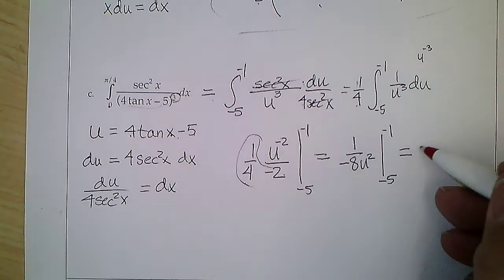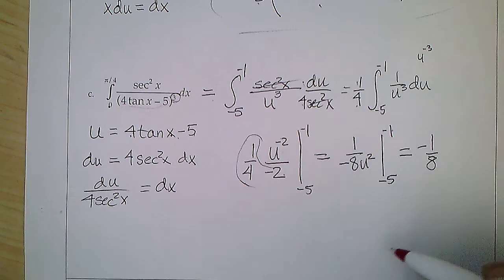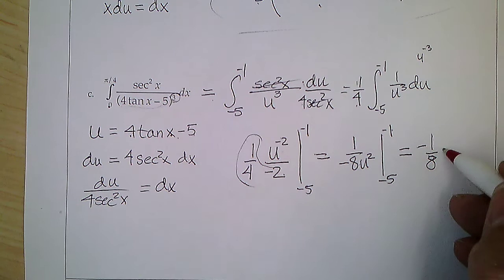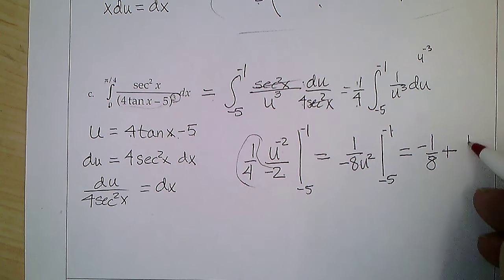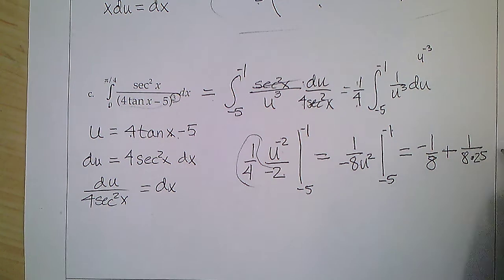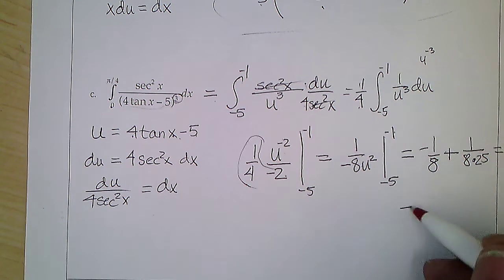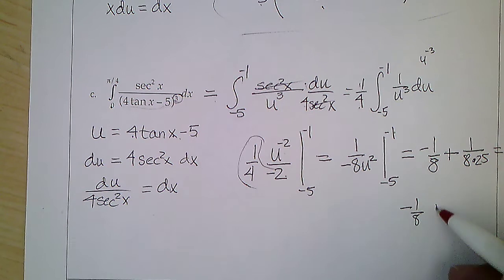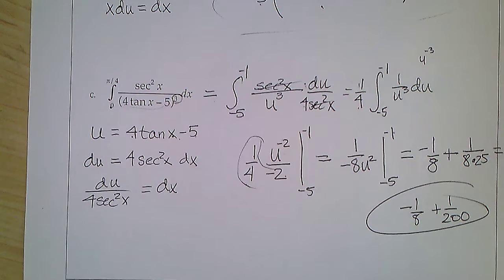So this becomes negative 1/8, because negative 1 squared is 1, minus a minus, which is plus 1 over 8 times 25, which is 200. So we got minus 1/8 plus 1/200. We could get common denominator, whatever, but that's close enough.